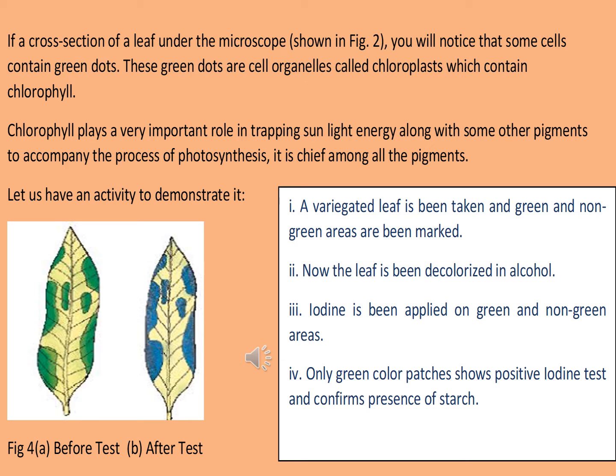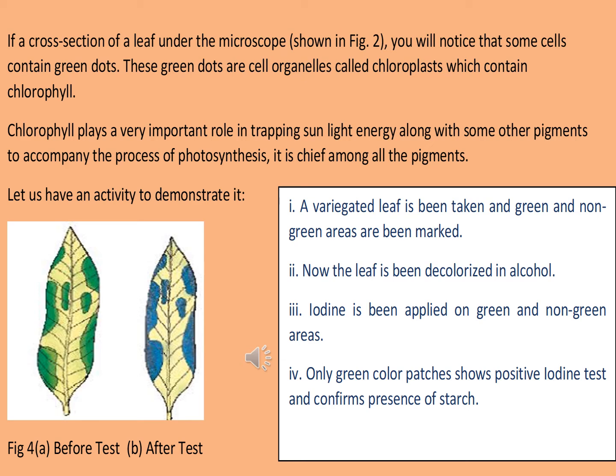So first of all, we will take a variegated leaf and then we will mark its different color patches so that once the leaf has been decolorized, we will be able to identify which area belongs to what kind of color patch.